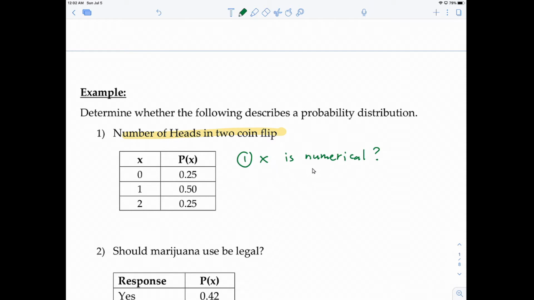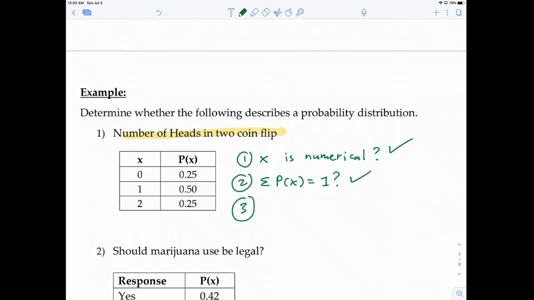All of these are numbers, so that one checks off. Requirement number 2 says the sum of the p of x's is equal to 1. We have 0.25, which is a quarter, plus 0.50, which is 50 cents, plus 0.25, a quarter. That makes $1, which adds up to 1, so that checks off.